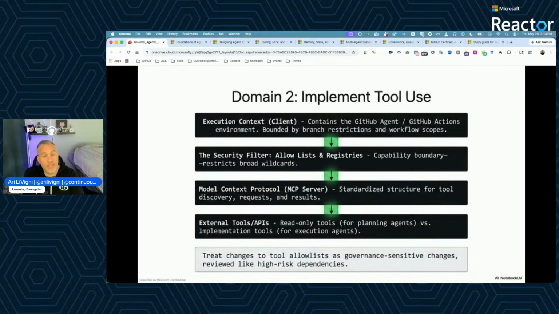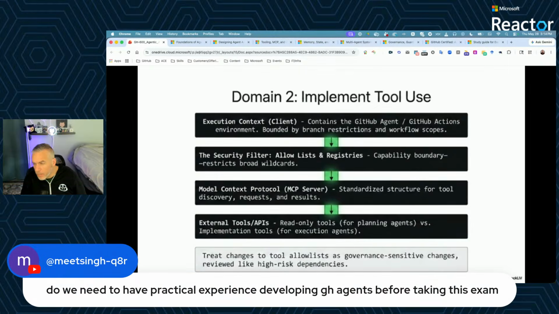Those are the types of things you might want to understand when it comes to Actions. I don't think you need to know all the YAML or details of every action, or the different key value pairs in a YAML file, like the runs-on and things like that. It's always great to have a high level knowledge of that, but I don't think you need to go deep into detail.